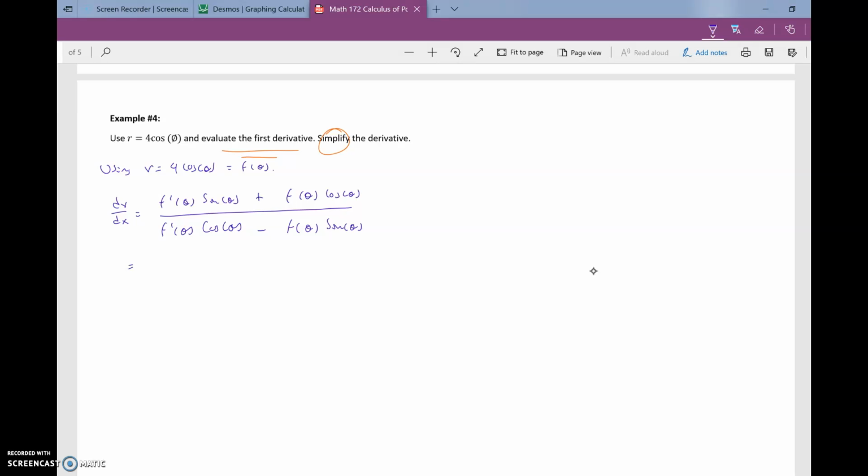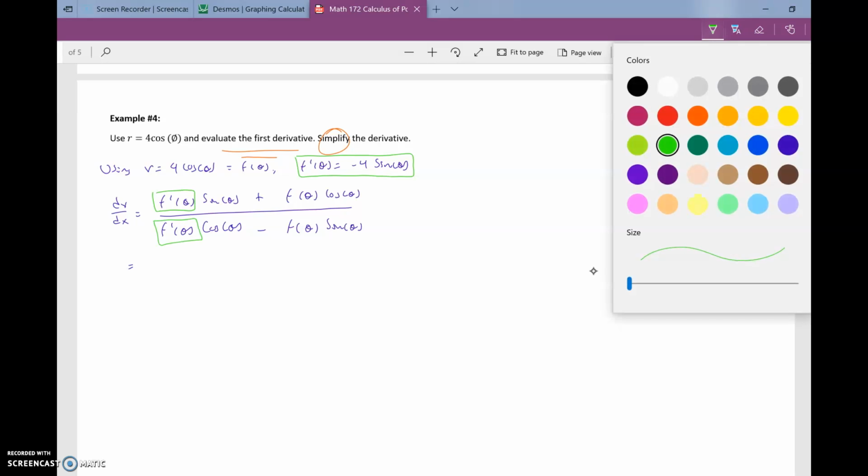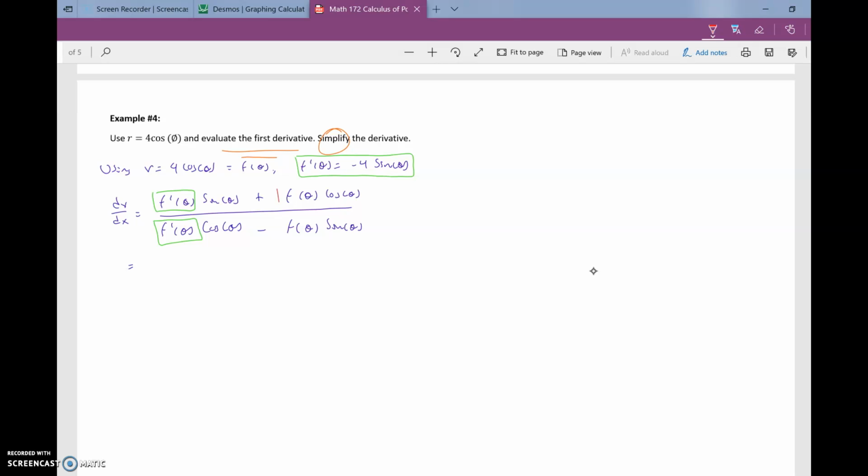So for this particular one, let me just evaluate f prime of theta, and this is going to give us a negative 4 sine of theta. So this is just so that it's clear what we're evaluating, and we're going to be evaluating that here and here, and then your f of theta is basically the 4 cosine.